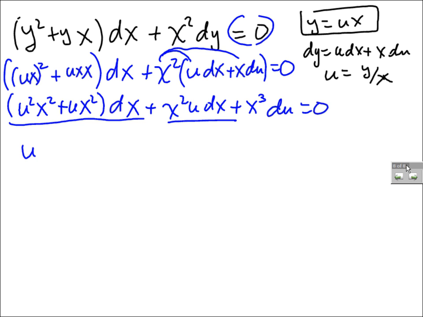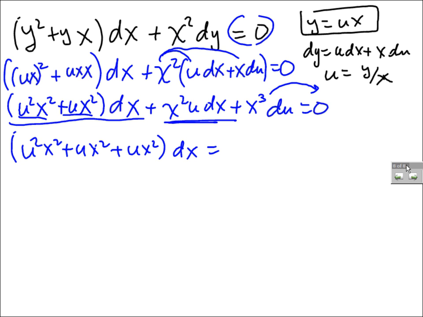So we're going to have u squared x squared plus ux squared plus another ux squared dx. And this is going to equal, bringing that over, negative x cubed du. Now, the first thing I'll say is ux squared plus ux squared is 2ux squared. Now, inside that first bracket, I can factor out a ux squared.